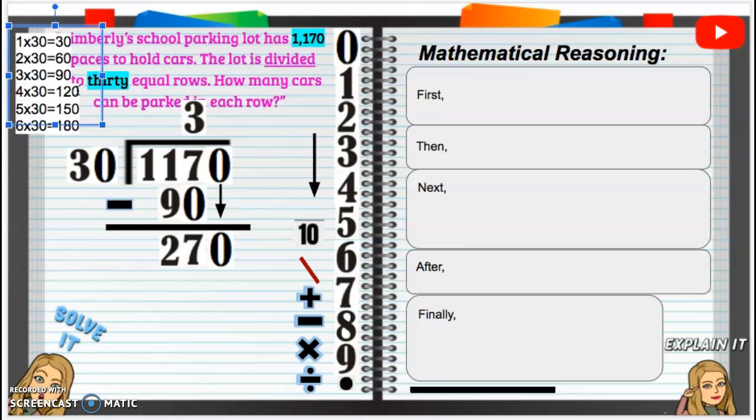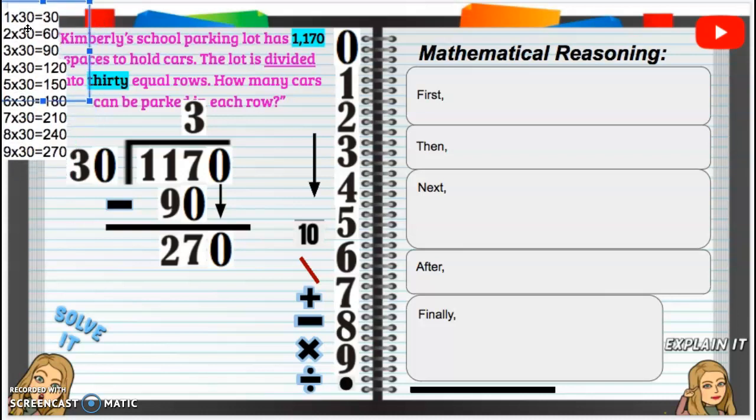Not yet, still going. 7 times 30, 210. 8 times 30, we get 240. 9 times 30, 270. Oh, look at that. 9 times 30 is 270. So this actually can go in evenly 9 times and get 270.